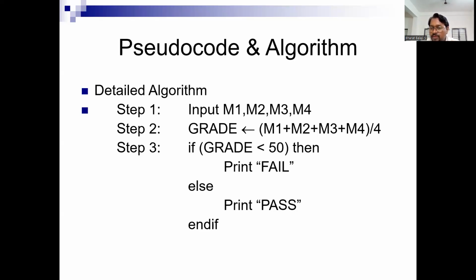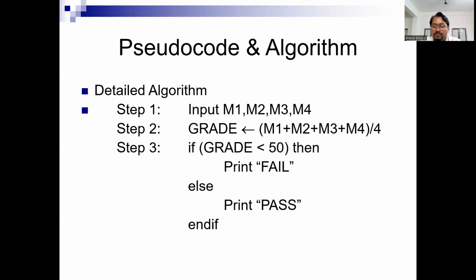Then we divide the summation result by 4, and it is assigned to grade, which is a variable that stores the average of these 4 subjects.